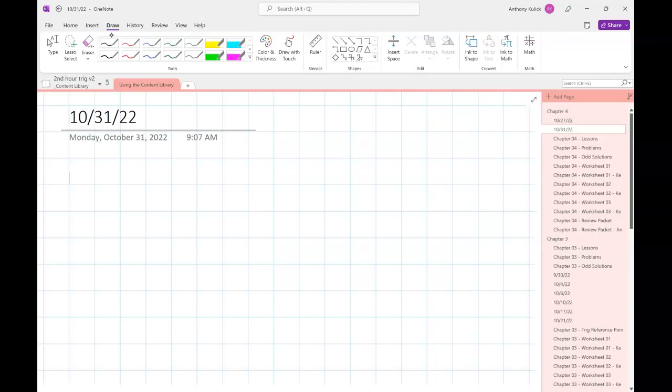Last time we asked you to do something like this: find sine inverse of root 2 over 2, where that angle is between 5 pi over 2 and 7 pi over 2.